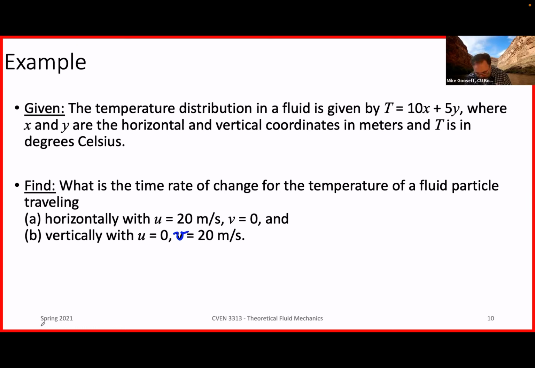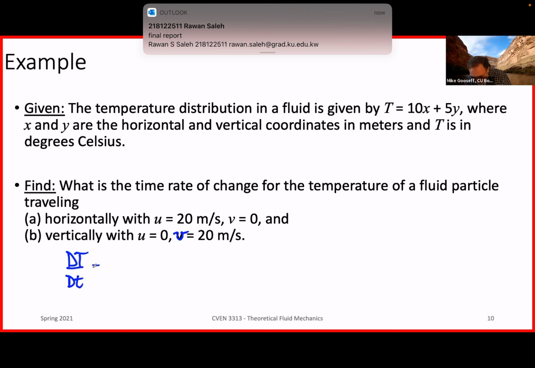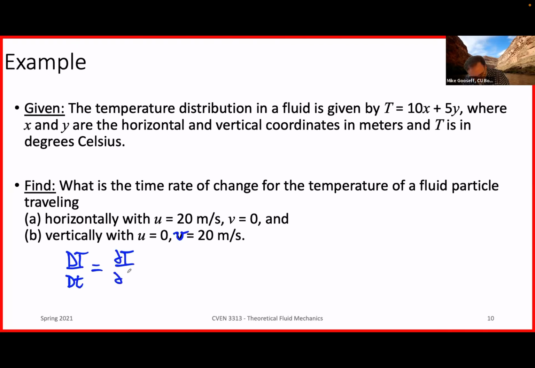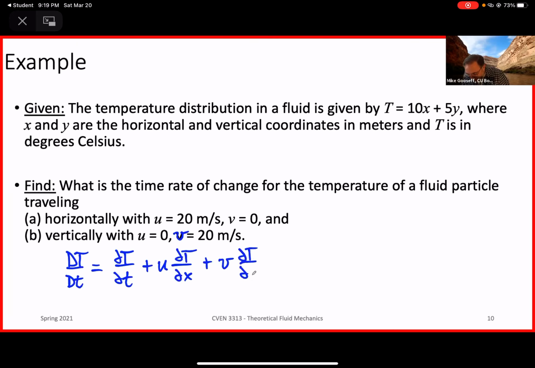So we're going to have DT Dt, the change in temperature with time, is equal to del T del t, the temporal component, plus these 2 convective components: u del T del x, so the horizontal direction, plus, and I'm just going to choose v, we could have done w and del T del z, but anyway, v del T del y, okay?